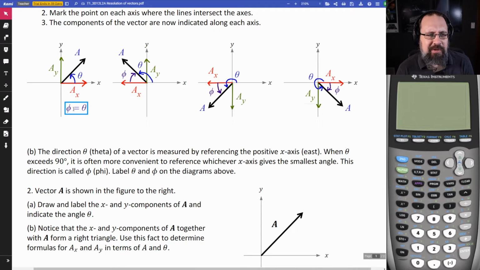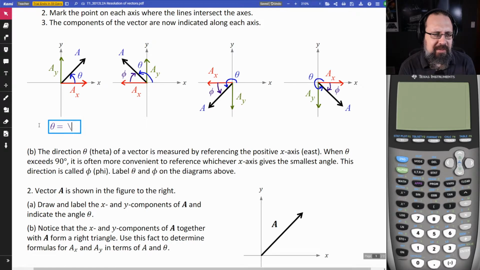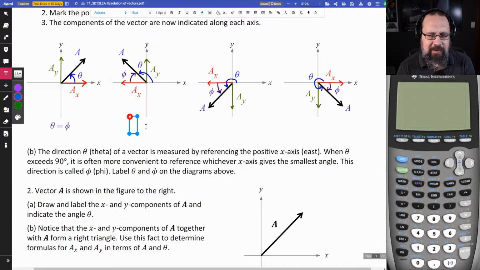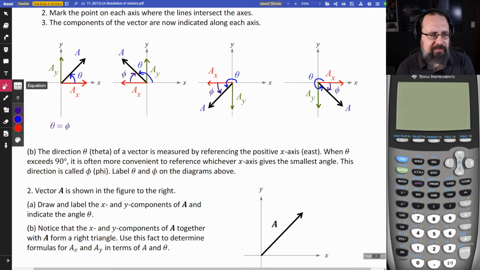What I want to do now is just really quickly make some mathematical relationships between phi and theta just for fun. There's really no reason to do this. So I'm going to go ahead and move this down here. So in this case, let's flip it around. Let's say that theta is equal to phi. And then we'll do the same thing for the other ones. So let's go ahead over here. What would theta be in this case? Theta plus phi would give us 180 degrees.